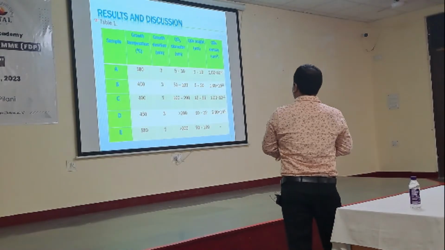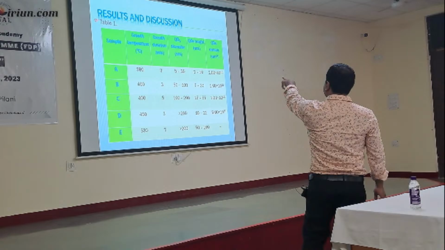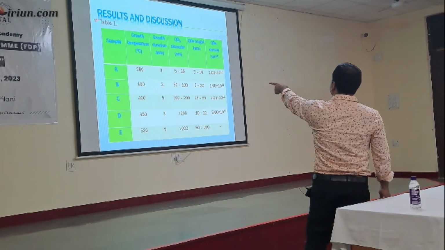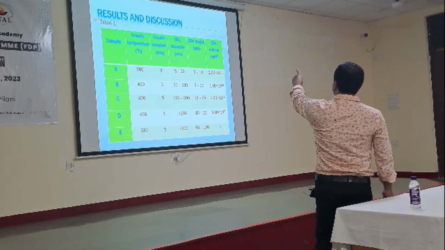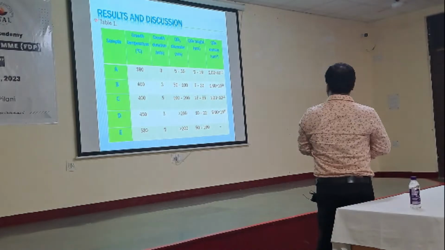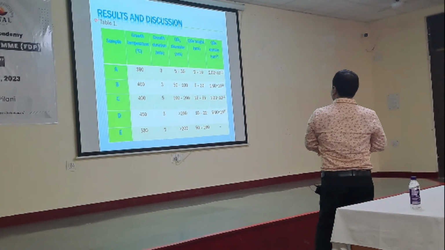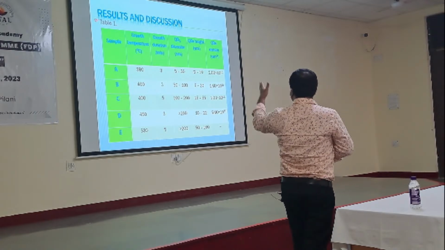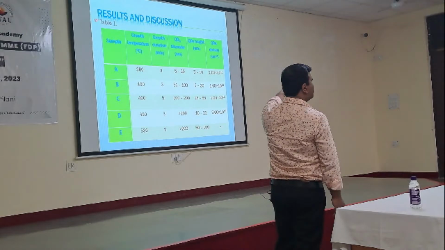Next, you see here the growth temperature, this is your E. You can see at 380 degrees centigrade, the particle diameter and height will be below 36 nanometer. Another important point is that if you increase the temperature, the size of the particle increases while the density decreases.